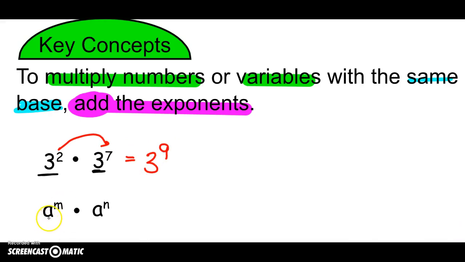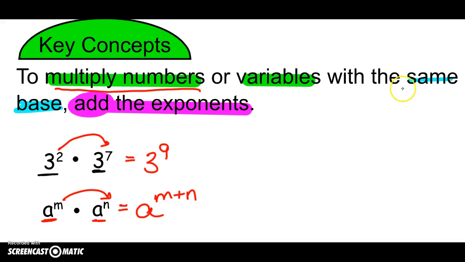And if I do that in general terms, I have a and a, so my base is going to be a, and my exponents are going to be added, so it's just m plus n. In your notes, make sure you have written that when you multiply numbers with the same base, you add the exponents.